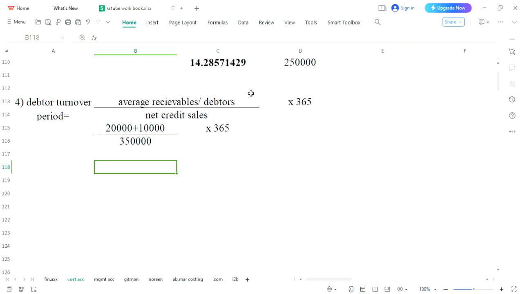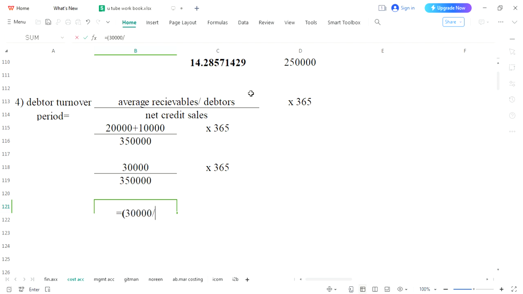Now finally we are going to calculate it over here. First, the average receivables that we have got. So let's put the formula. 30,000 average receivables divided by 3,50,000 cross and multiply by 365.